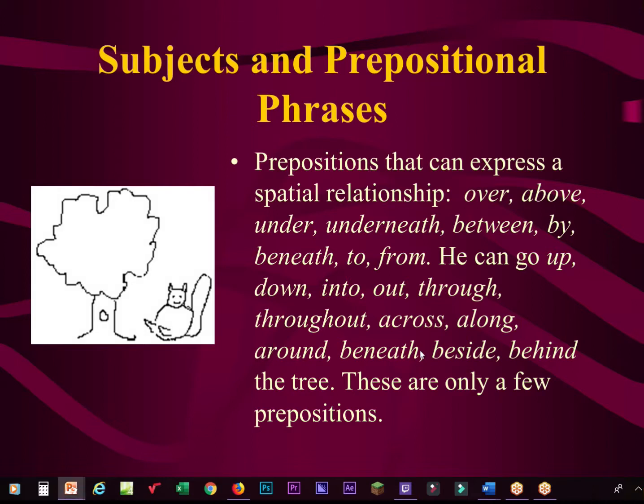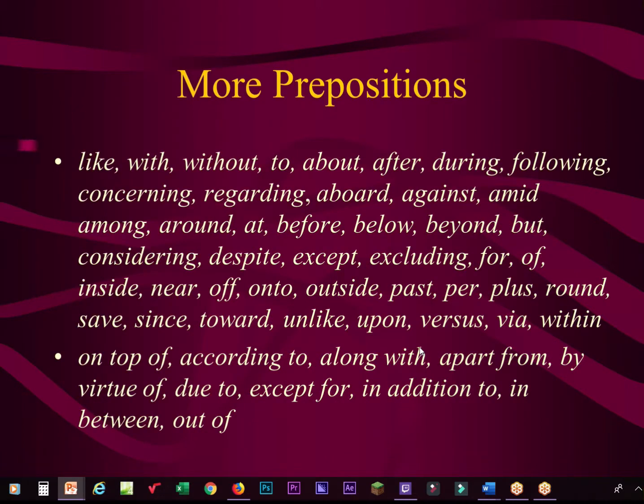So the next thing that we want to do is figure out how to spot these things. But not all of them talk about spatial relationships. So we have, like, considering right here. That doesn't talk about space. Despite, this one right here, of, is very, very important.